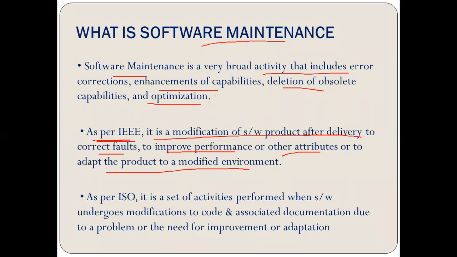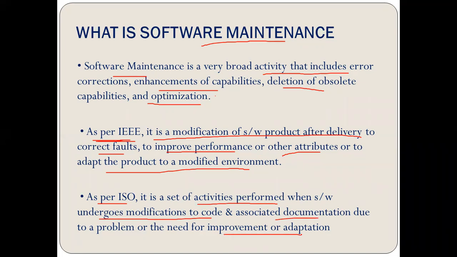IEEE presents the maintenance definition in this form, and as per ISO, maintenance is a set of activities performed when software undergoes modifications to code and associated documents due to a problem or the need for improvement or adaptation.